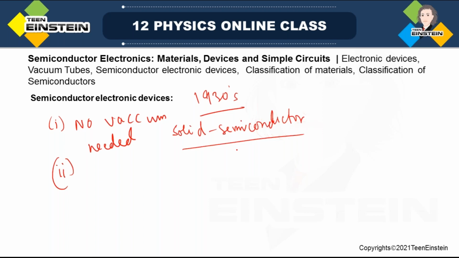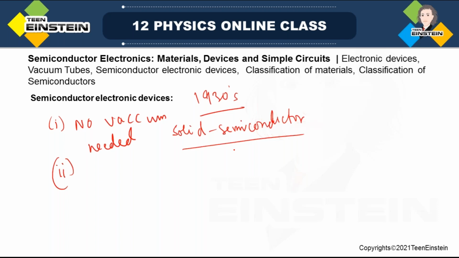See, in case of vacuum tubes, you need to wait for the cathode to be heated, and then electrons generate, and then they pass from cathode to anode, so that they give rise to current. But for that you need some time.